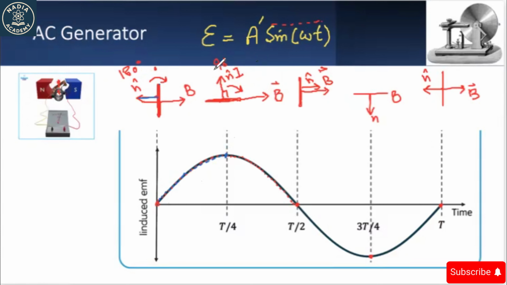value at 90 degrees. Then you move ahead, you reduce your angle from 90 degrees toward 0, when the cross-sectional area and your magnetic flux density are parallel. Then you get the 0 situation.